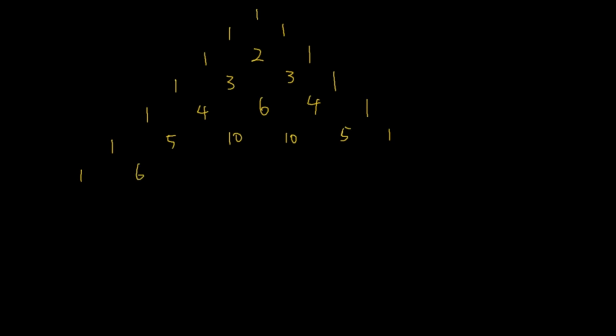Now 1 plus 5 is 6, 5 plus 10 is 15, 10 plus 10 is 20, 10 plus 5 is 15, 5 plus 1 is 6, and then 1 again on the side. Now one more row. Start with 1 again, and then 1 plus 6 is 7, 6 plus 15 is 21, 15 plus 20 is 35, 20 plus 15 is 35, 15 plus 6 is 21, 6 plus 1 is 7, and then 1.